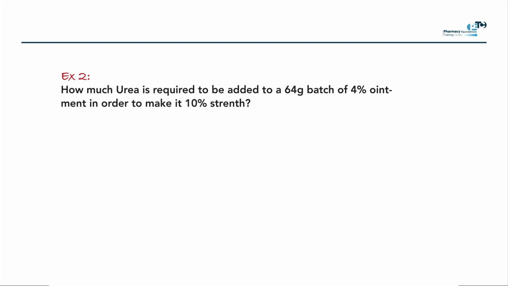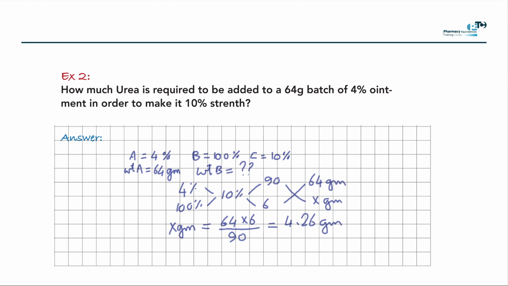Okay, so here in this problem, the first concentration A will be 4%, as he said, and we can suppose that B will be 100%. So the final concentration C will be 10%. Here the weight which is given in the problem, which weight?